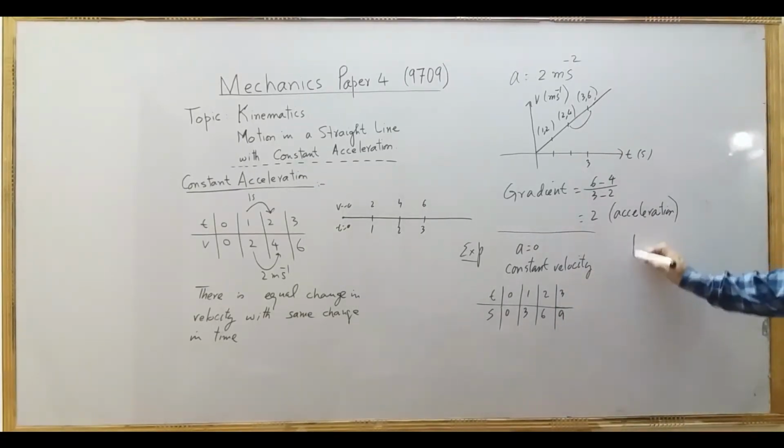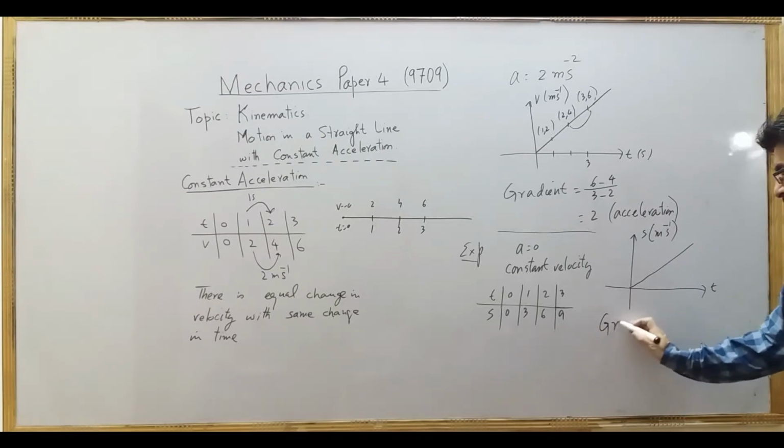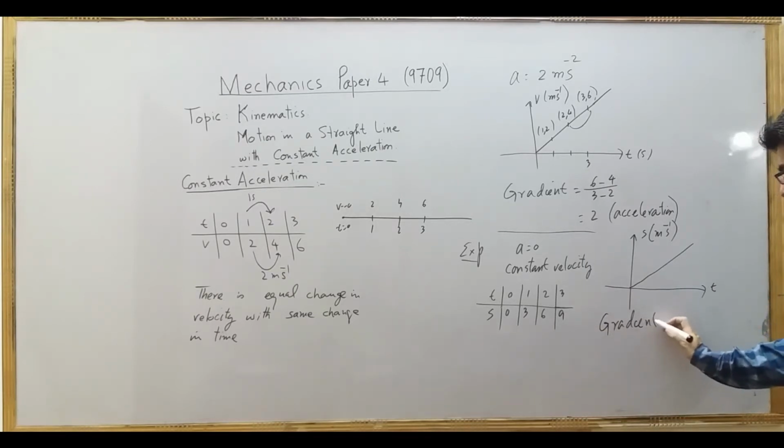If you sketch the graph, here we take time, here we take displacement. We will get again a straight line. If you find the gradient of this line, by the formula we will find that it is 3, which is velocity.